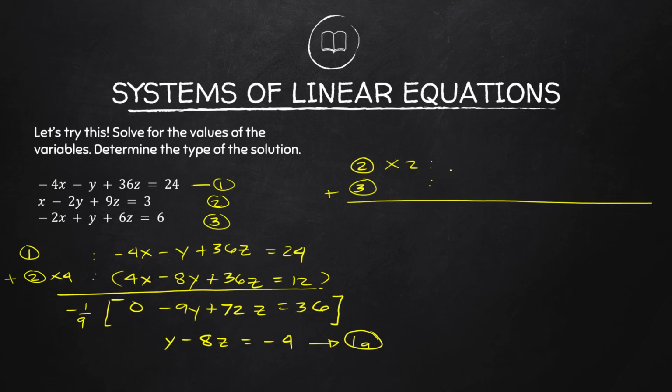Equation 2 multiplied by 2 would become 2x minus 4x plus 18z equal to positive 6. Then copy equation 3. This will become negative 2x plus y plus 6z is equal to positive 6.